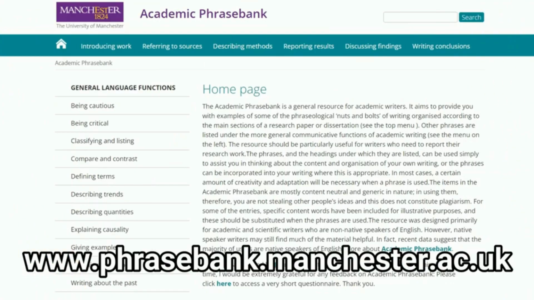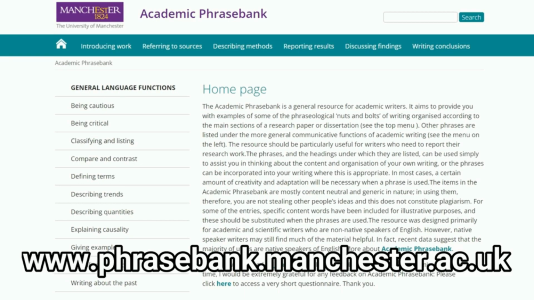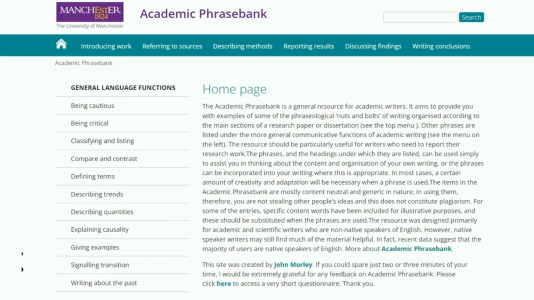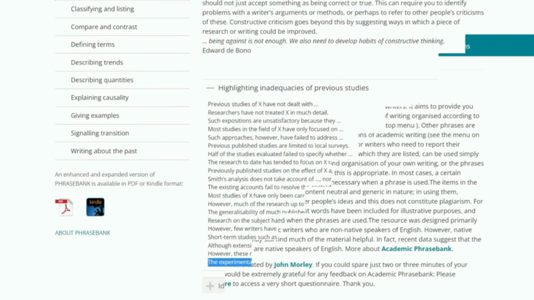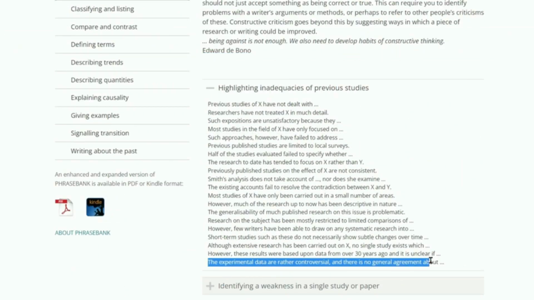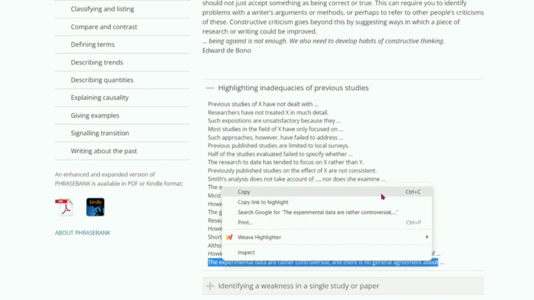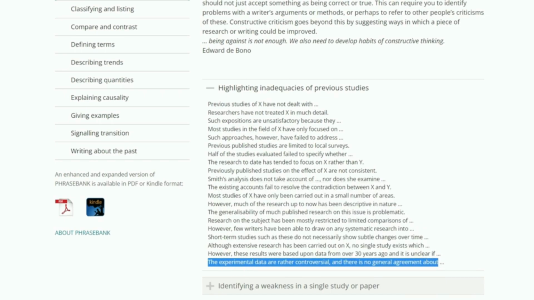The Academic Phrase Bank is a general resource for academic writers. This is a free service open to all. It was created for you by academics in the University of Manchester. These academics created a bank of popular phrases and keywords from academic publications. You can copy phrases from this bank and put them straight into your assignment.